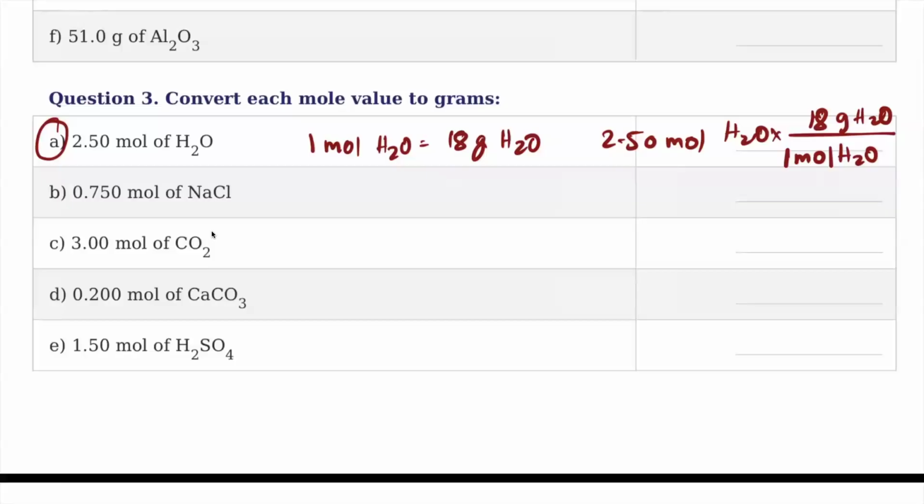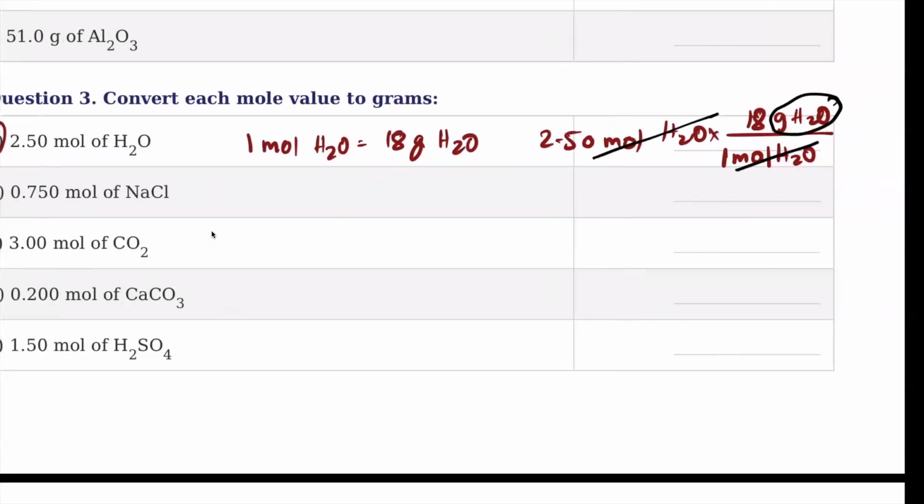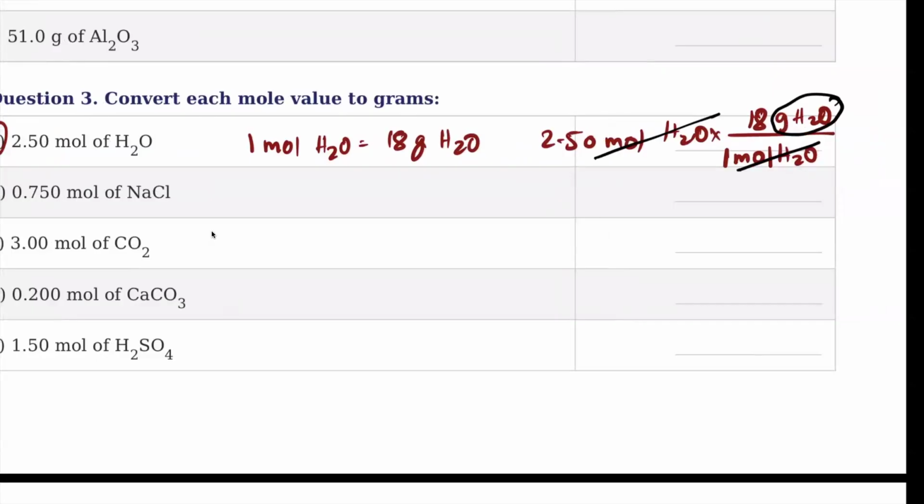And then next, what happened? Then you cancel out the moles, and you get just the unit and identity, not the numbers. Do not go and cancel 2.5 and 1. Doesn't make sense. Just the unit and identity. So now you know that whatever your answer is going to be, the unit is grams of water.